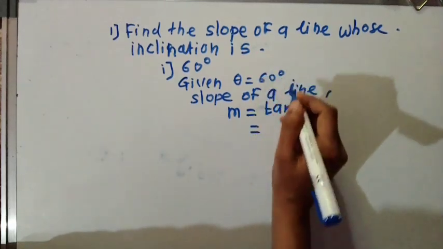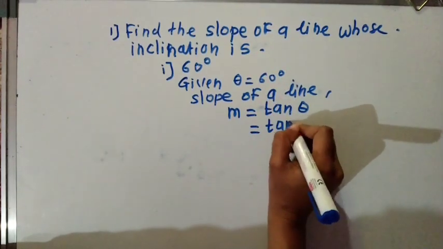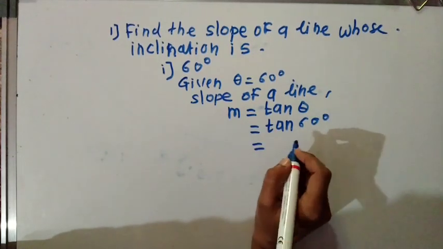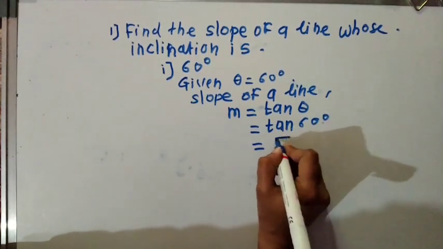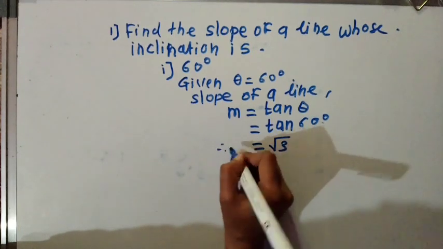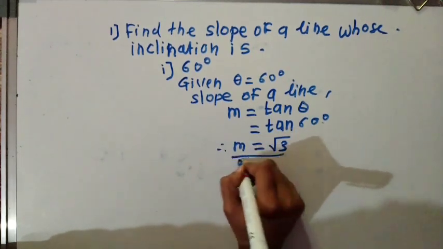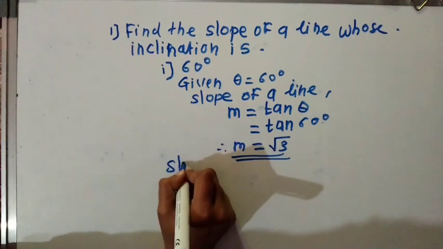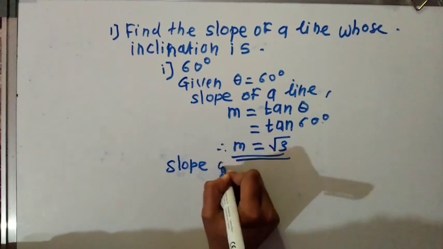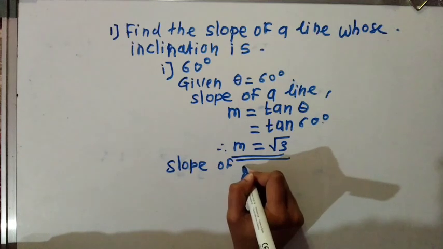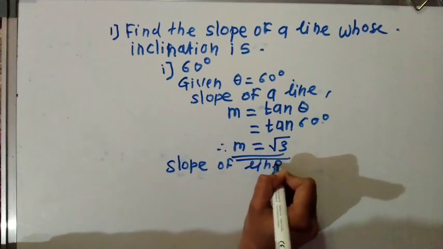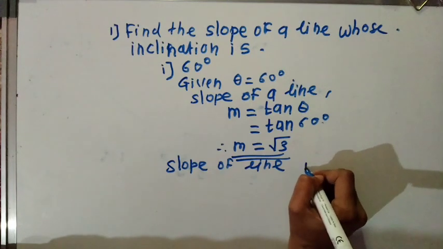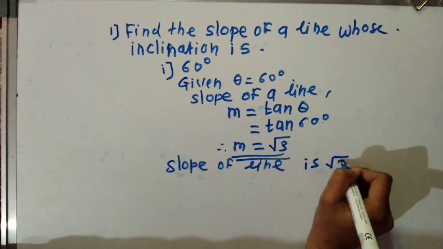But theta is 60 degrees, so tan 60 degrees is equal to root 3, and the slope of the line is root 3.